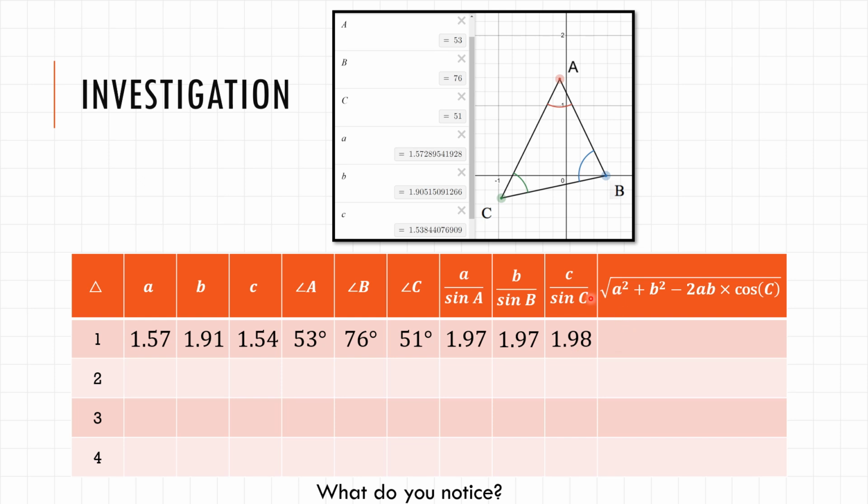Finally, if I take 1.57 squared plus 1.91 squared minus 2 times 1.57 times 1.91 times cosine of 51 degrees, and I square root all of that, I get 1.53.